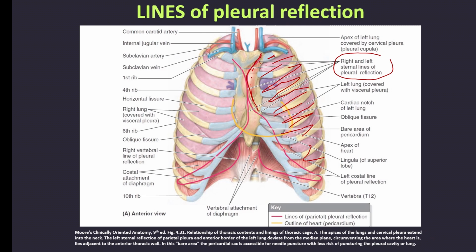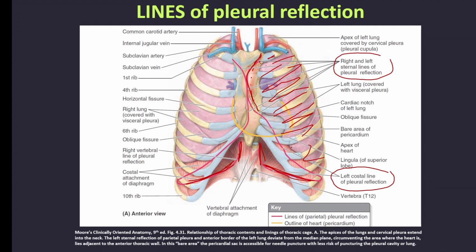Then posteriorly, the same thing happens, but at the level of the vertebrae. That's where that costal parietal pleura reflects to become mediastinal pleura, but posteriorly at the level of vertebrae. Then in here, it shows the right one, the same thing, and here is the left one.